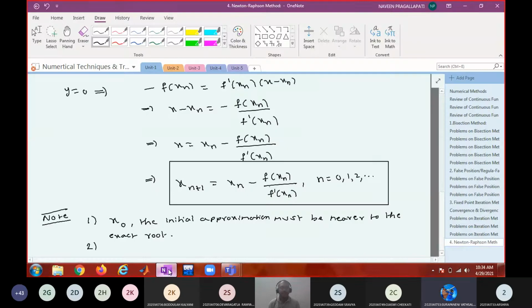Yes, sir. Next, when won't this formula work? When f dash of xn is 0. If the derivative is 0 at any point, or almost 0, you may not get the convergent sequence. So f dash of xn should not be 0 or too small.